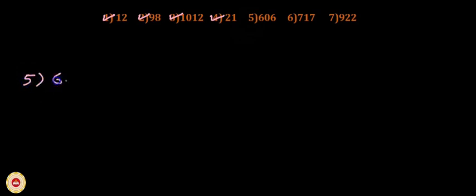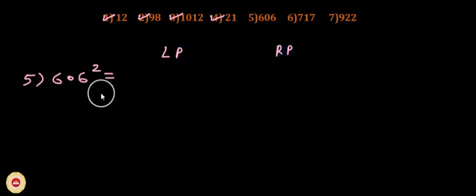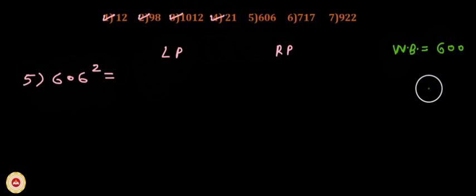Fifth example is 606. Let us square 606. We will calculate the answer in 2 parts, left part and right part. First of all, let us identify the nearest base for the given number 606. What is the nearest working base? Clearly it is 600. And 600 is 6 multiple of 100.